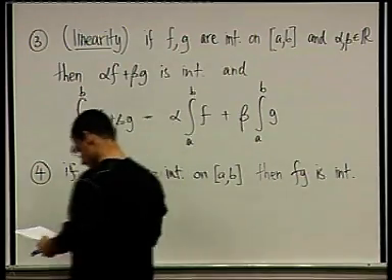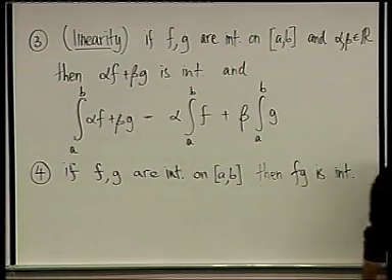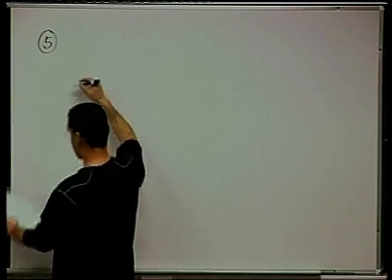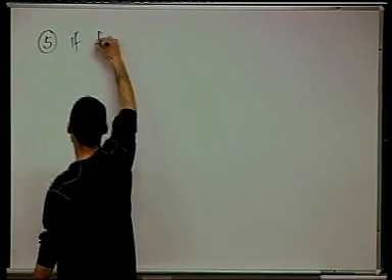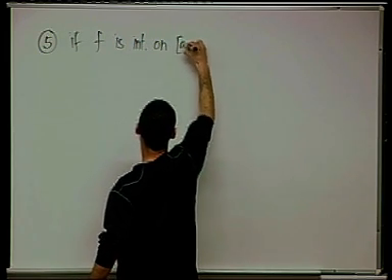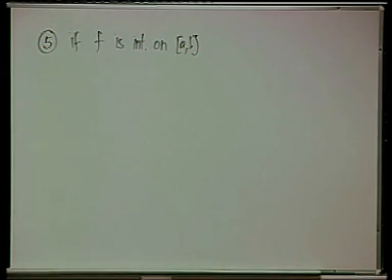Okay. Number 5. Maybe let's take a new board. Number 5. If f is integrable on AB. Ooh, I'm starting to be sloppy. Sorry.